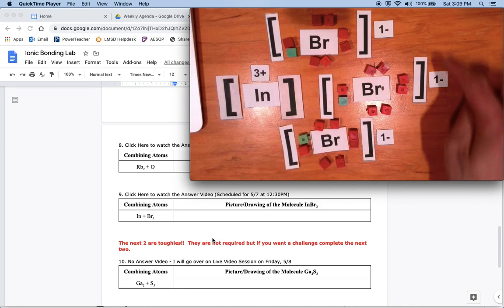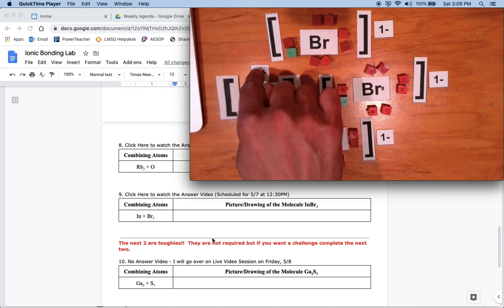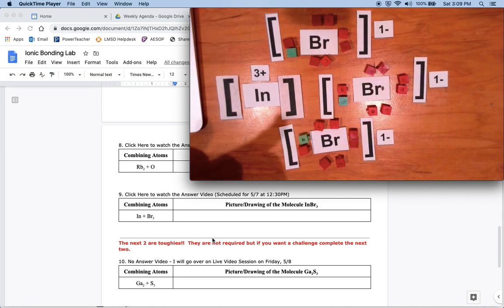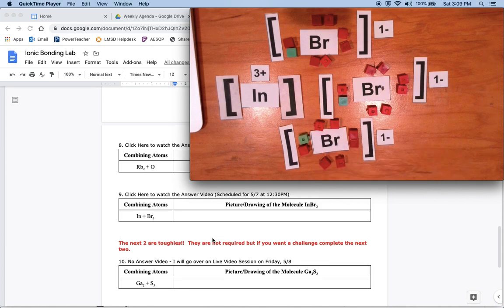Now also, I can look at the charges. I have 3 positive things and 3 negative things. So if I added all that together, they would cancel each other out. So I did it perfectly in that case. So I know that this indium has connected with all 3 of these bromines to make indium bromide as a molecule. Cool.